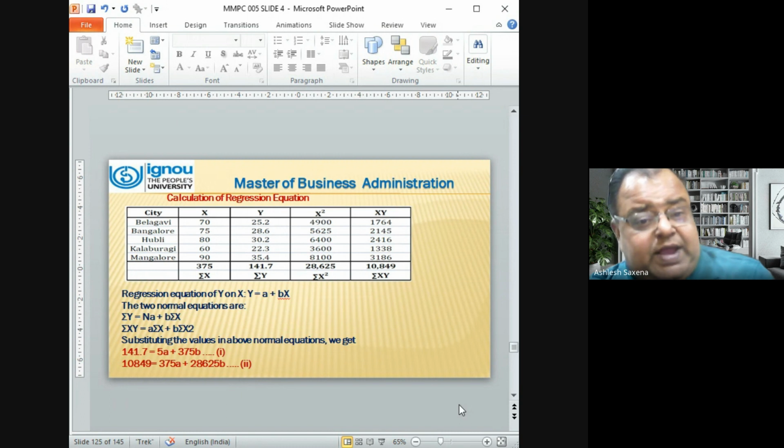From these we get the values: 141.7 is equal to, there are 5 observations, 5a plus 375b. And for the second one, 10,849 is equal to 375a plus 28625b. These values have been calculated here. Now, these two equations have to be solved simultaneously to calculate the values of a and b.